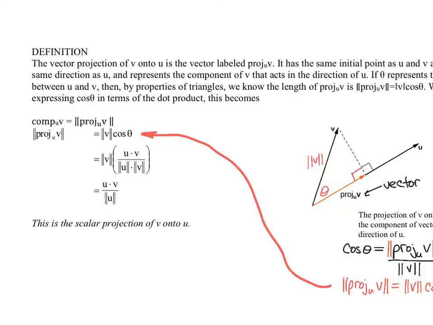Now, if I wanted to determine the projection itself, then all I have to do is multiply this by a unit vector.